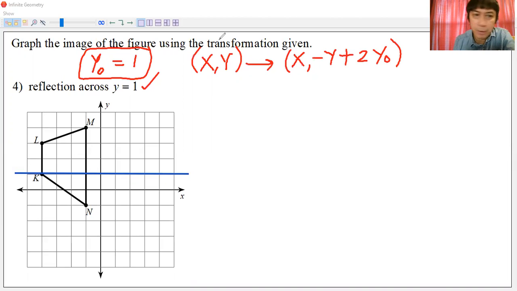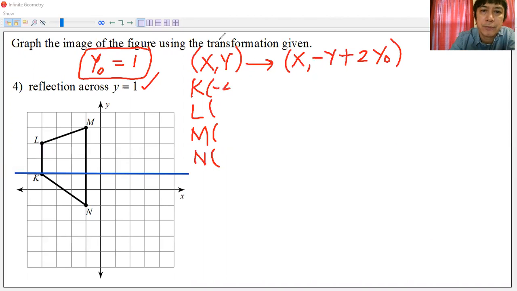And let's have our points now. We have here, alphabetized, K, L, M, N. Okay, what's our point K? It's in the second quadrant. That looks like negative 4, 1. Negative 4, 1, yes.